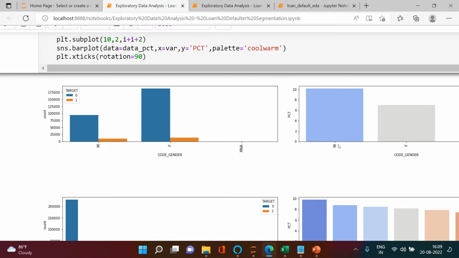The male default rate is somewhere around 10%, while the female default rate is below 8%. Out of whatever loan has been given to males, 10% are defaulting, and out of what has been given to females, only somewhere around 7% are defaulting. The rest are repaying the loan as per expectation.